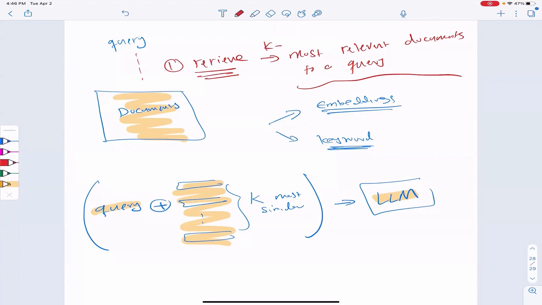That's basically the idea of RAG. Okay. So how do we characterize such a model?